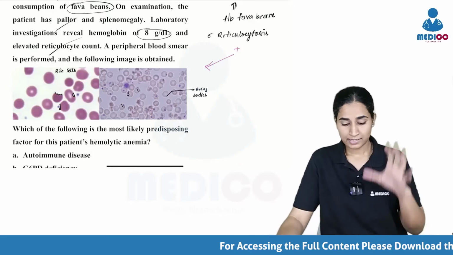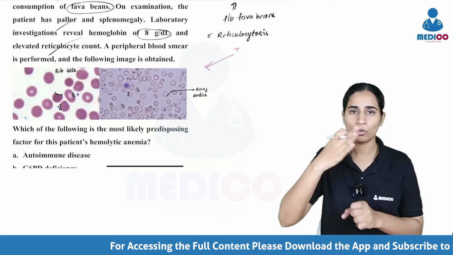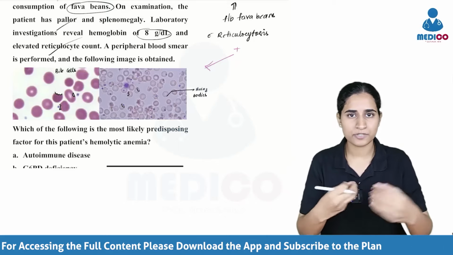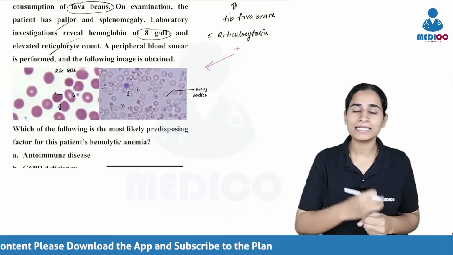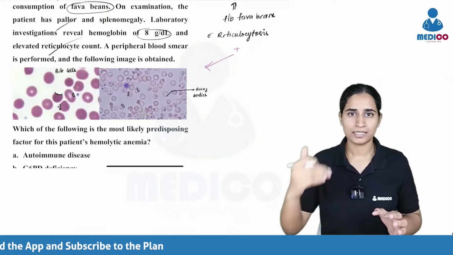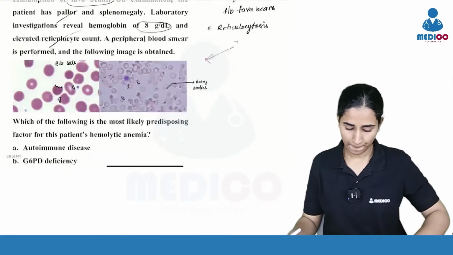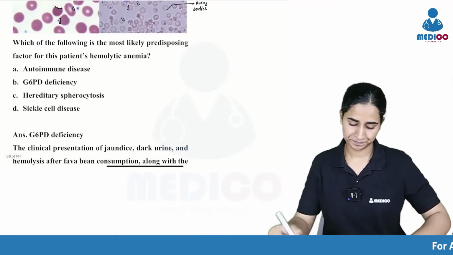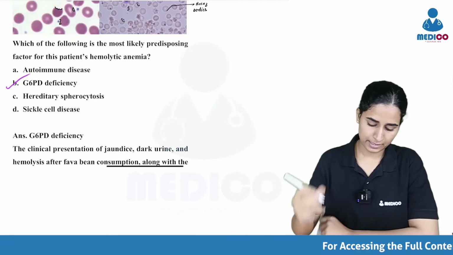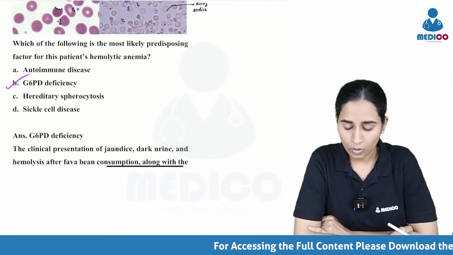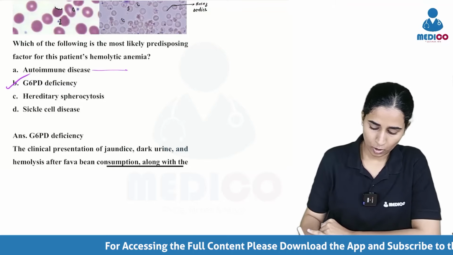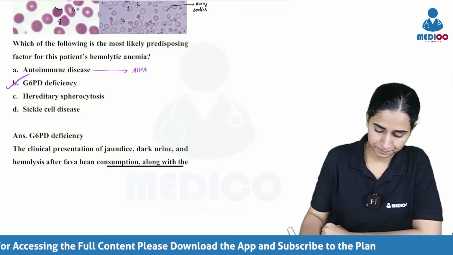So this is a 25-year-old male. Only after exposure to some oxidative stimuli, that is fava beans, only then he had hemolytic anemia. That is anemia with jaundice with dark colored urine. There is intravascular hemolysis, right? So this is intermittent. This is G6PD deficiency. Why is it not autoimmune hemolytic anemia?